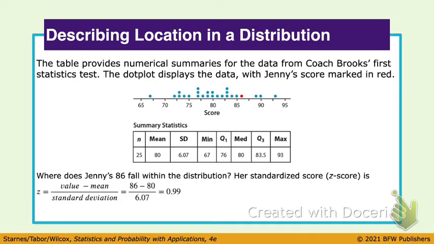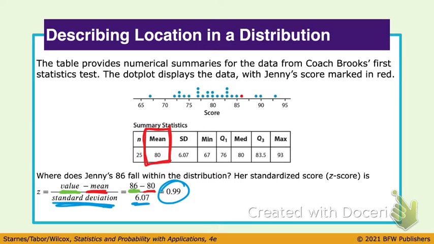So if we take her value in the distribution, which is 86, and we subtract the mean of the distribution, and if I look here at the chart, I can see the mean of the distribution is 80. So if I take her value of 86 and I subtract 80, and then I divide by the standard deviation, which is 6.07, whenever I do that calculation, I get 0.99.